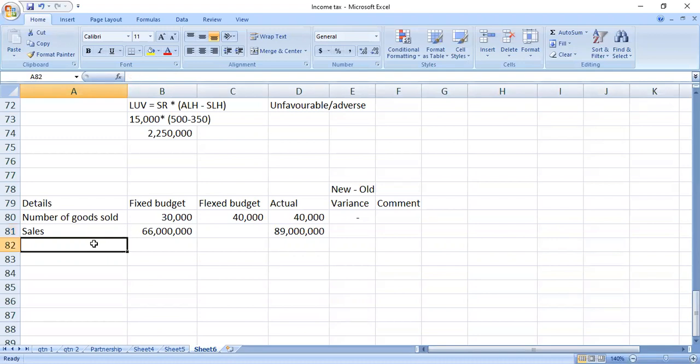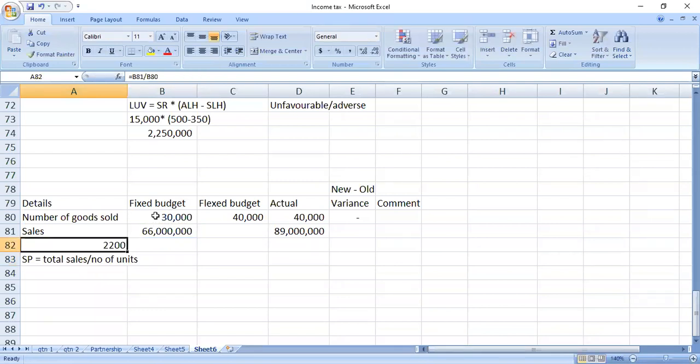So, of course, sales, you know that these are variable. They change with what? With a change in volume. So what we do is we determine the selling price, which is gotten by the total sales, all the sales I've done, divided by the number of units. If I put it here, it is this figure, which is total, divided by the level of activity.